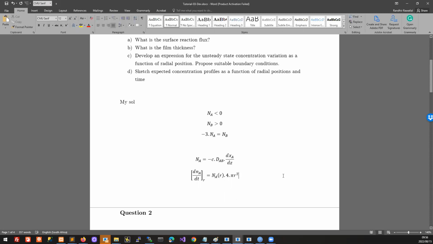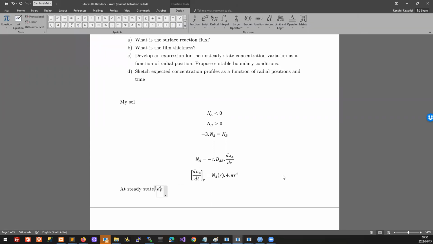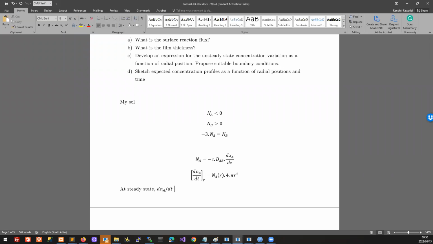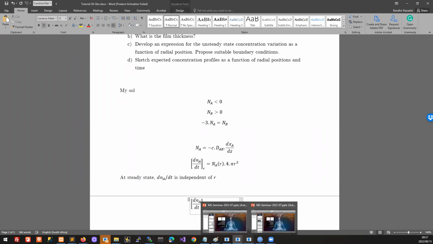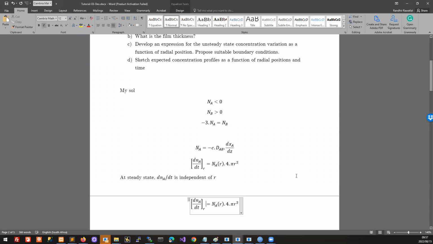And now at steady state, we are saying that dNA/dt is independent of R. So if that's true, then let me write it like this.